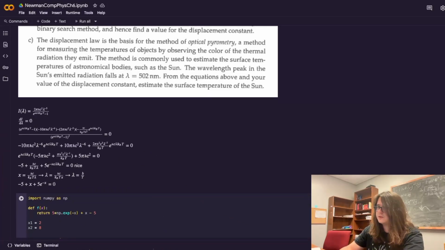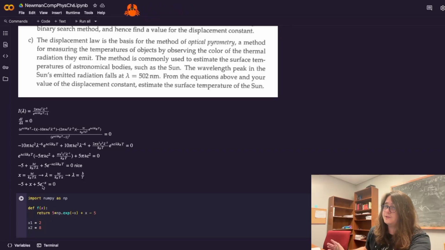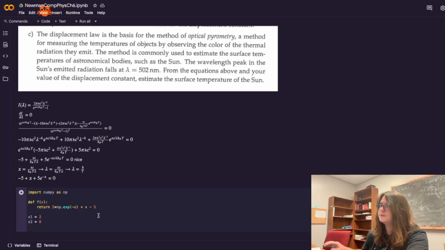Also because I know what the solution of the problem is, that works. And also I'll say that the problem actually does have a trivial solution at x equals 0. If you plug in x equals 0 in here, then you're going to have -5 plus 5, which is 0. So don't use 0 as your lower bound or anything lower than 0. You definitely want to use positive numbers.